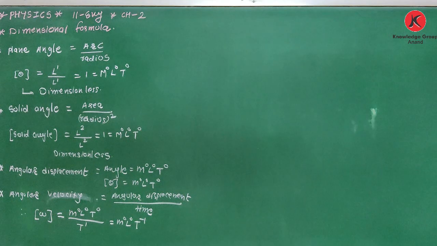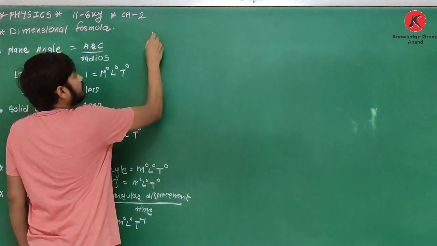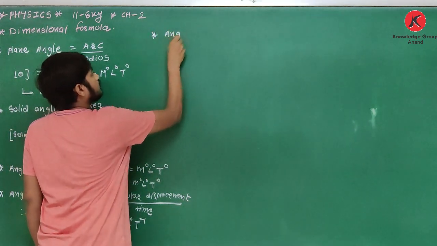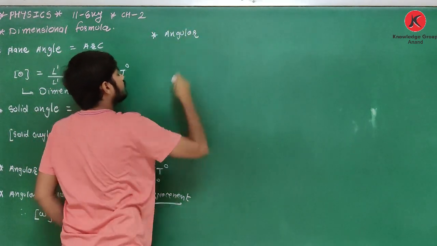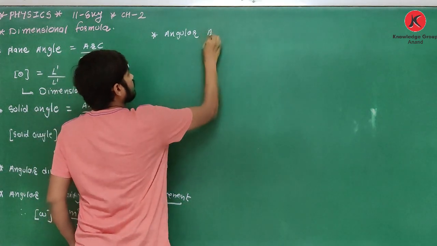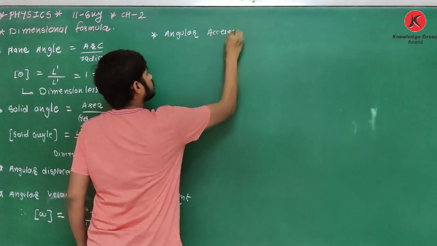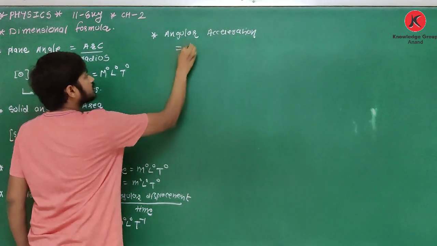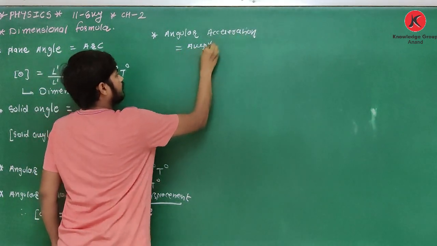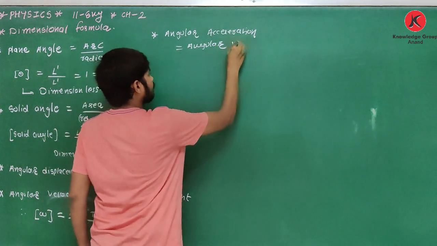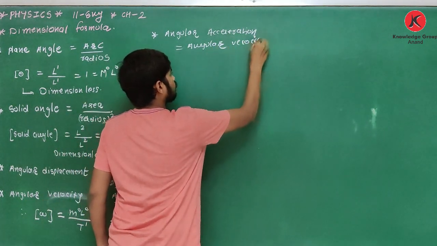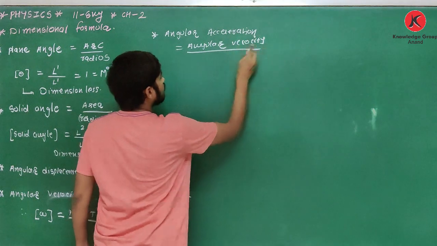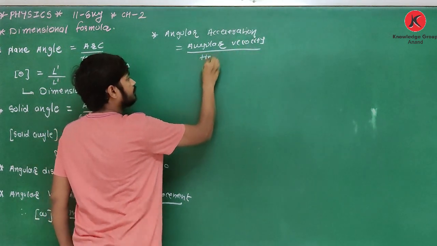Now next is the dimensional formula of angular acceleration. Angular acceleration is equal to angular velocity divided by time.